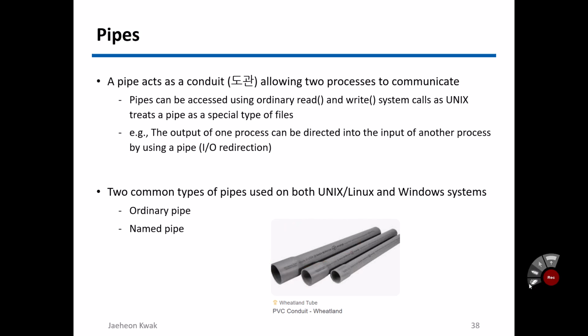When we use a pipe, the water flows in one direction at a time, right? Water cannot flow this way and this way at the same time. So the operation of the pipe is unidirectional, basically. And there are two common types of pipes used on Unix, Linux, and Windows systems: ordinary pipe and named pipe.